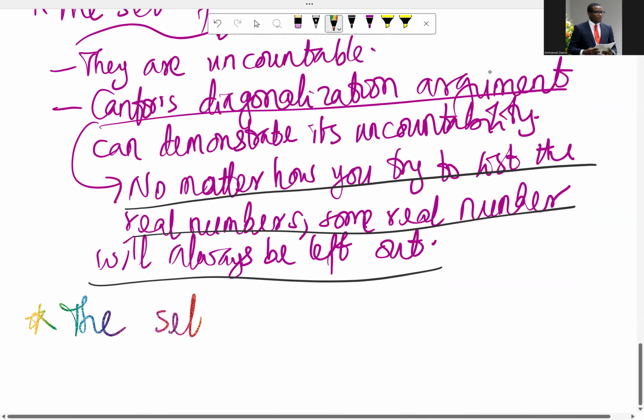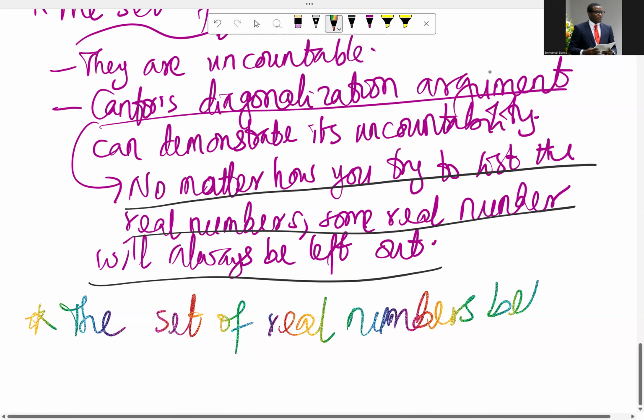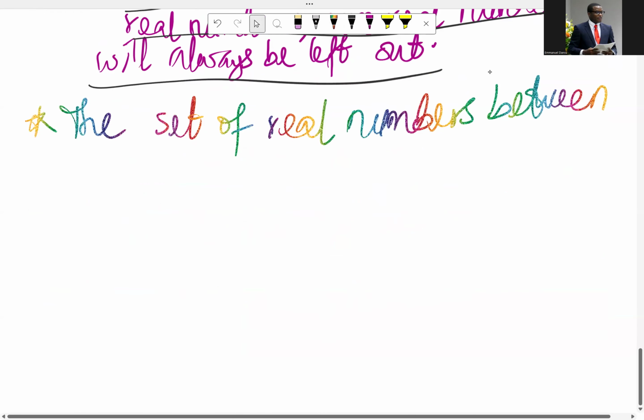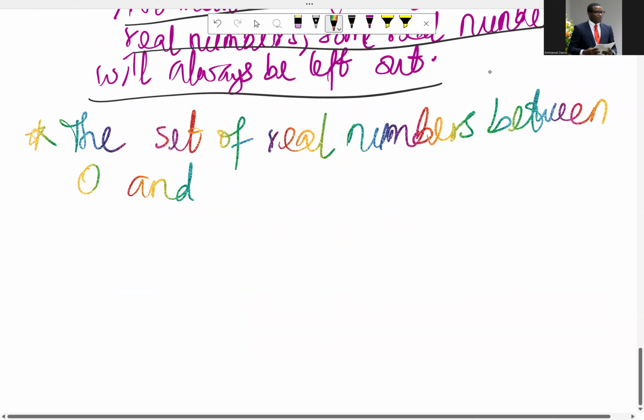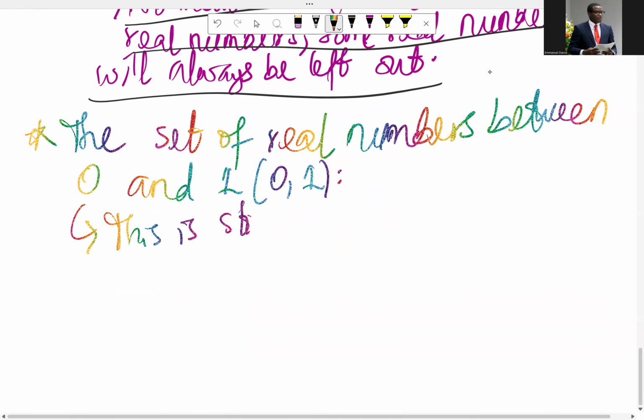So the set of real numbers between 0 and 1. Every real number here. Even this interval of real numbers is uncountable.